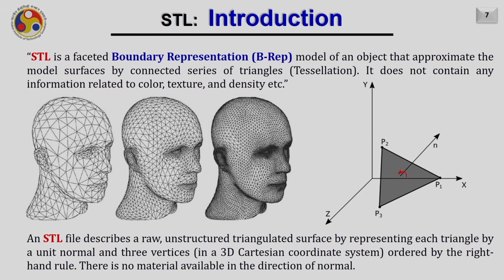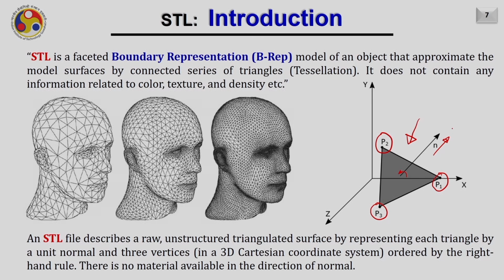An STL file describes a raw unstructured triangulated surface by representing each triangle by a unit normal and 3 vertices. So, each triangle of the STL file is represented like this. It consists of 3 vertices. Here you can see P1, P3 and P2 and a corresponding unit vector which represents on which side the material is and on which side there is no material.